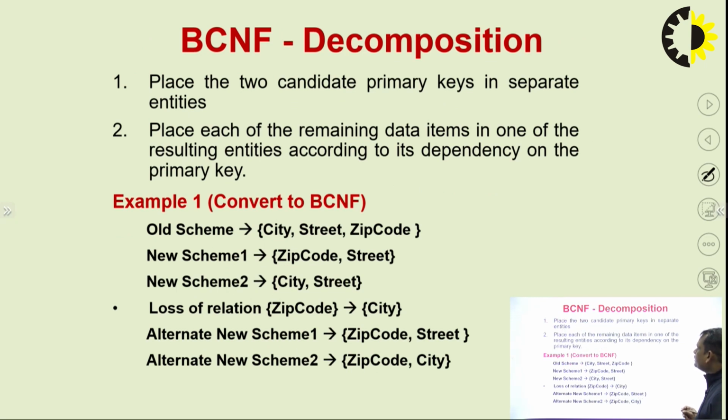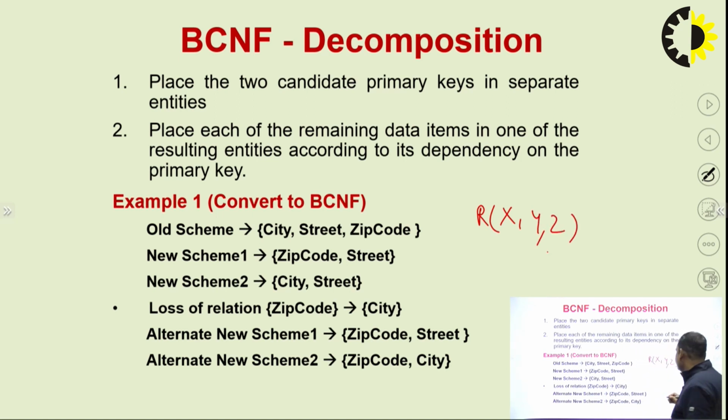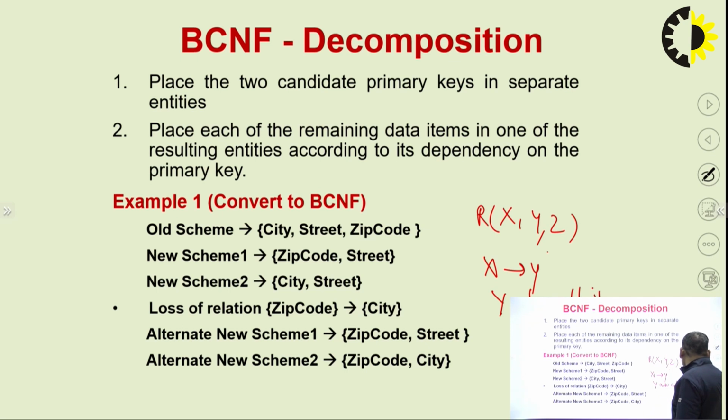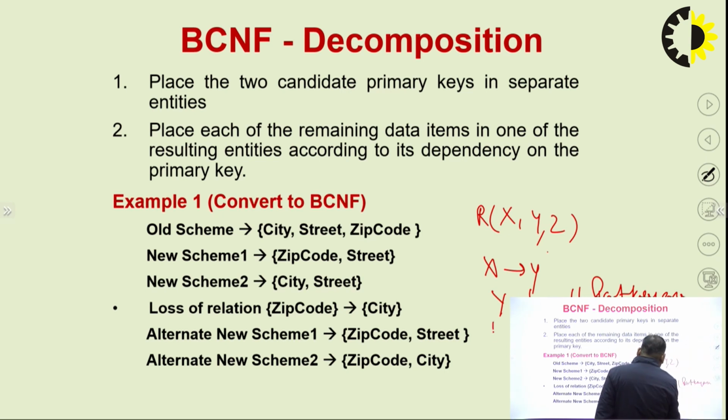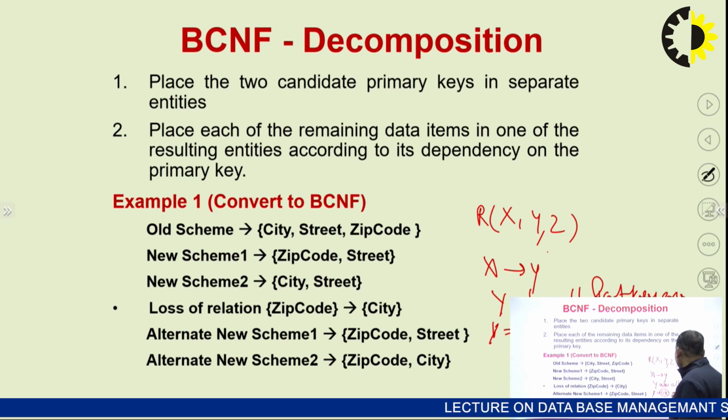BCNF, for example, relation name R with X, Y and Z, where X determines Y. Y is also a part of the key, also called candidate key.